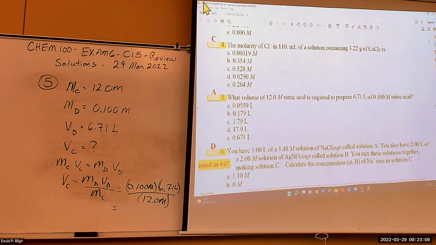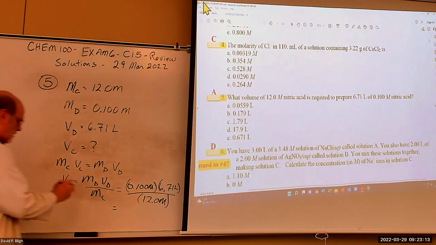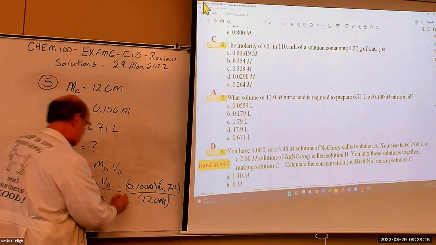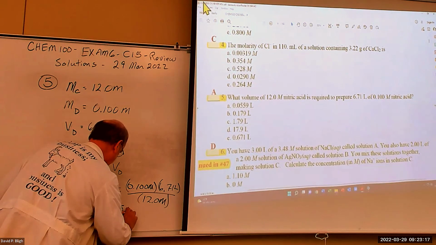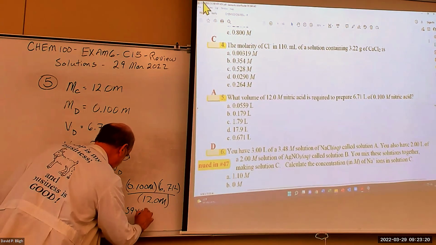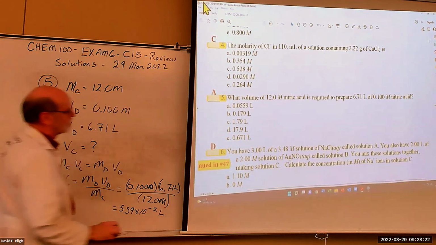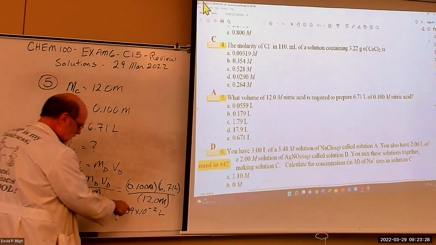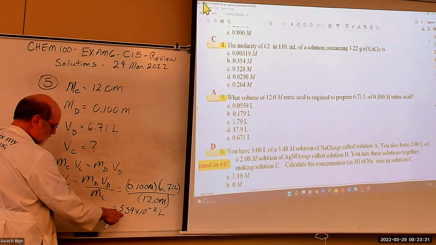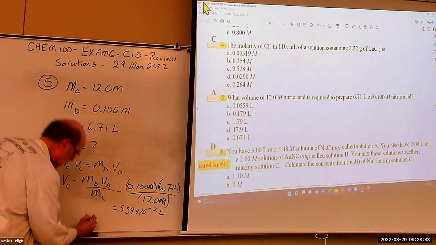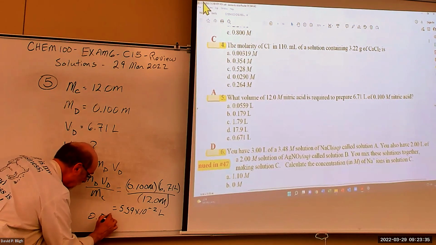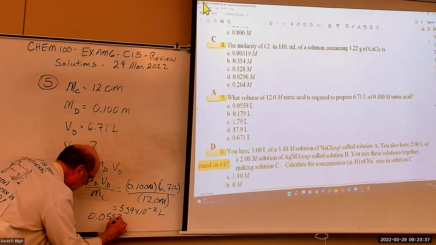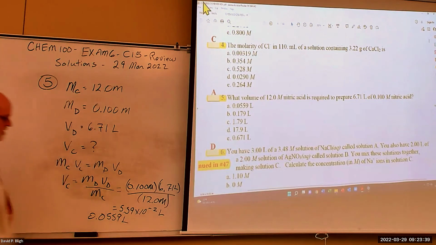I get 5.59 times 10 to the minus 2. Oh, none of them are in scientific notation. So let's convert this to standard. Move it to the left 2 places: 1, 2. 0.0559 liters.